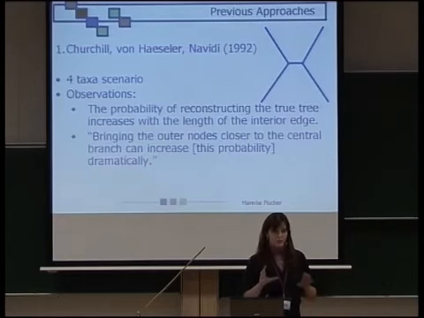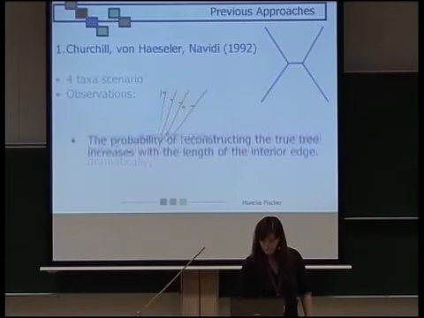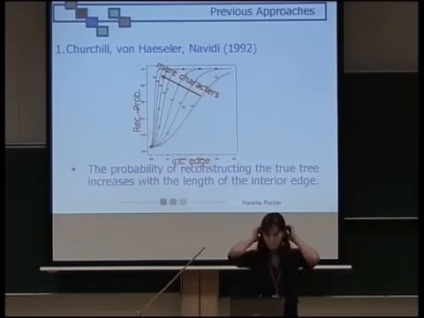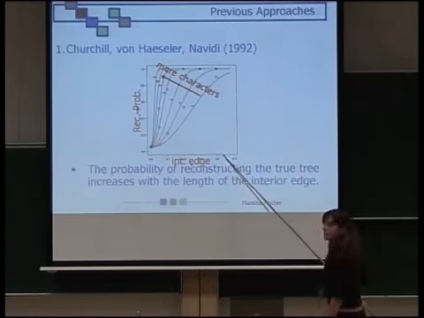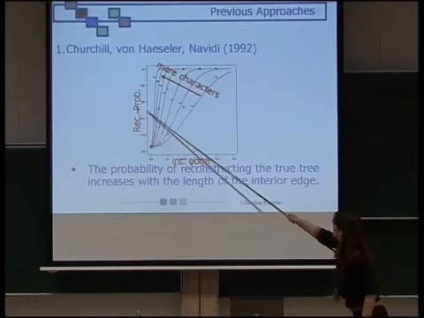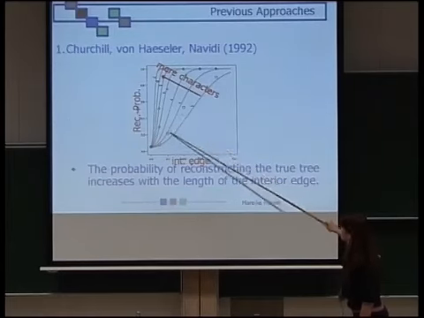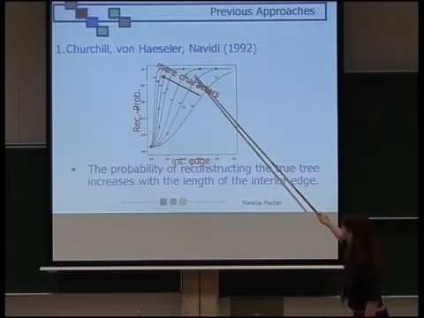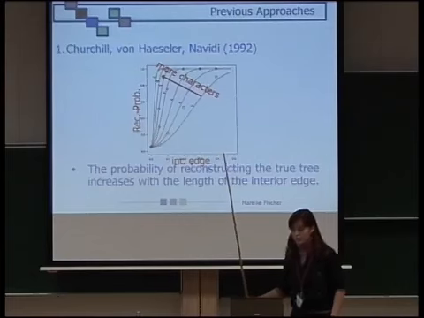And also it increases as the pendant edges get shorter. They illustrated this with a graphic. As you can see here, as the interior edge increases, your reconstruction probability increases. They also ran these simulations for various numbers of characters, and the more characters you had, the better and the more reliable were your results.